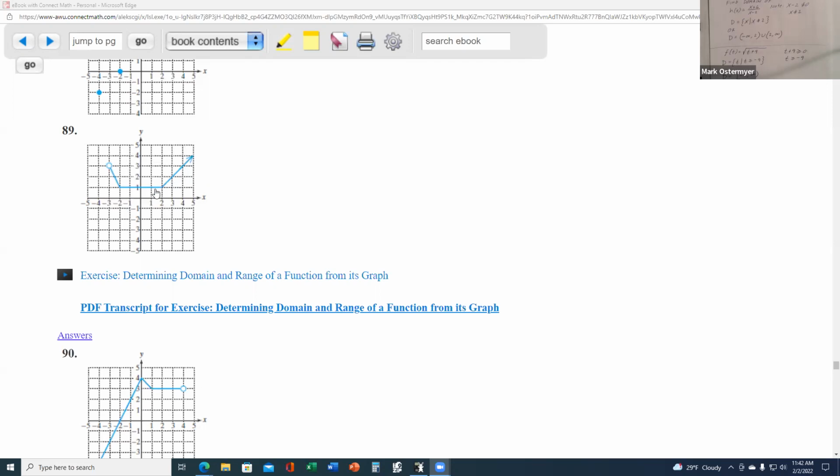What's the smallest value found in the domain? What's the smallest x coordinate of any point on this graph? Well, notice this point -3, 3 is not on the graph. It's an open circle.